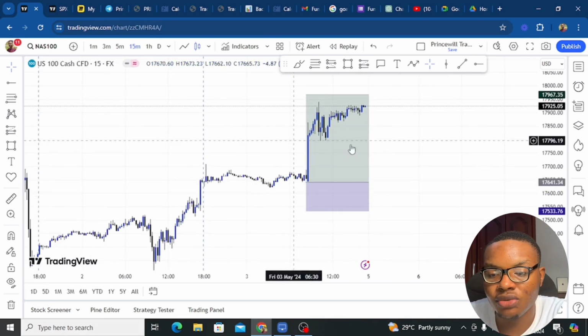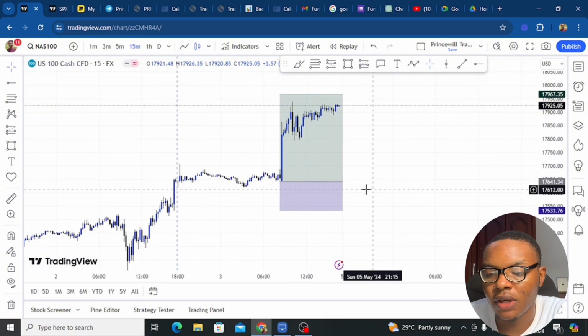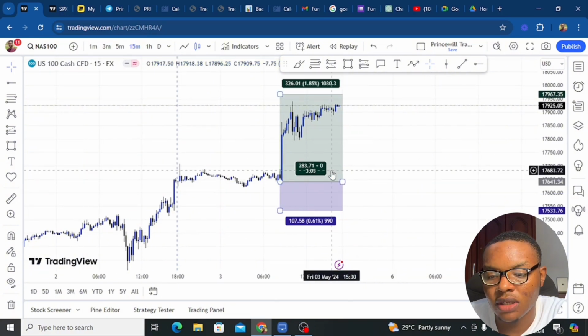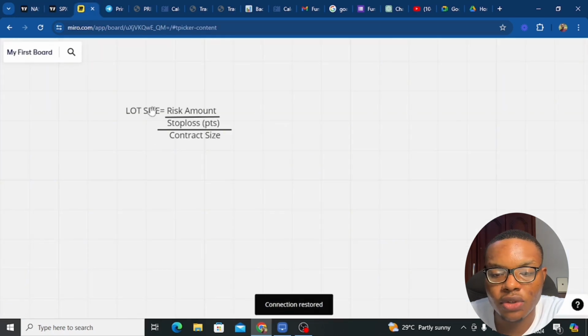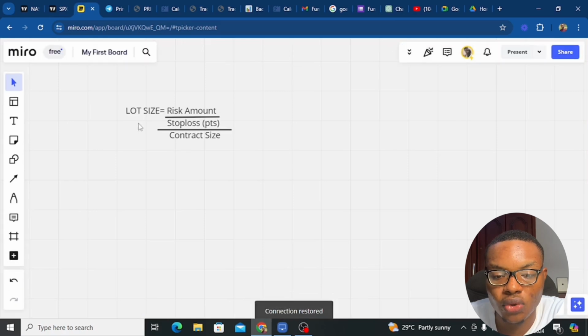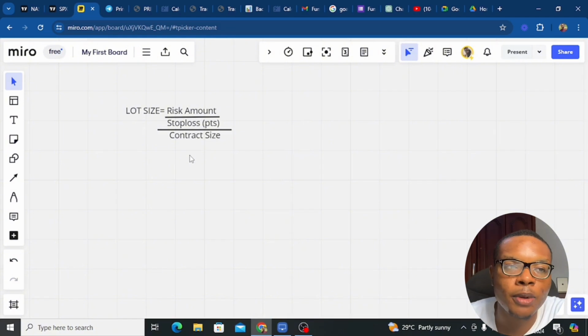If this is the trade you want to be taking, now you want to take note of certain things. So now let me show you this. Okay, so right here, this is what you need to know. For you to calculate your lot size in indices, you need to have your risk amount. So if you have a 10K prop account that you want to risk 1% on, that's about $100.